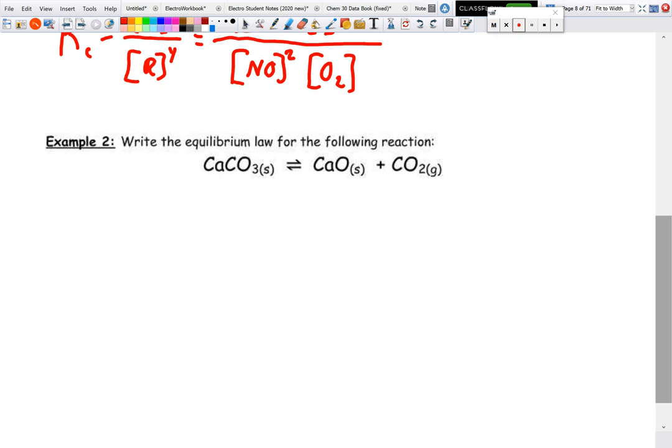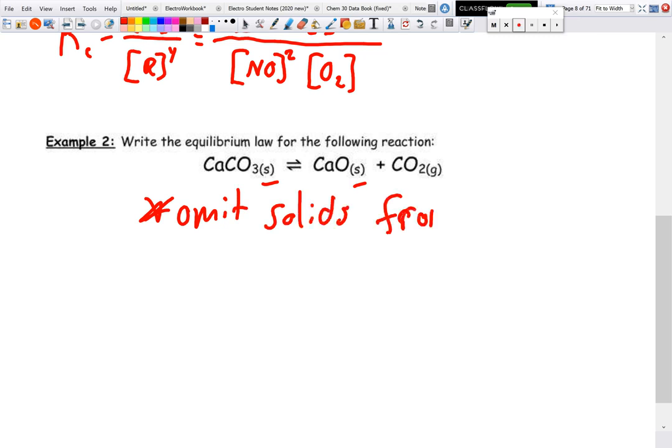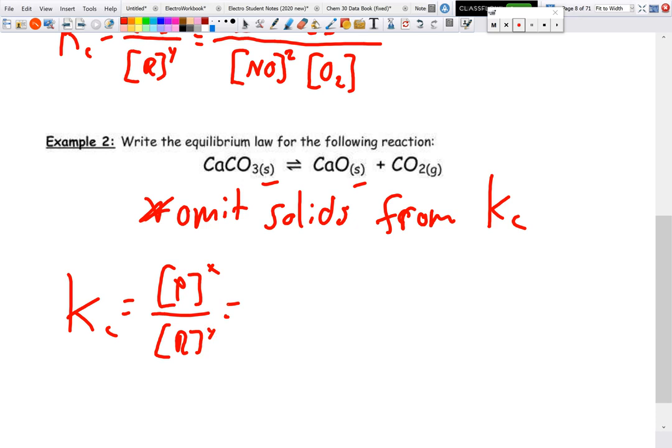Now right away, we see solid and solid. So we omit solids from our equilibrium constant. That means if we have our equilibrium constant equal to products over reactants, our solid product we omit altogether, so we're just left with CO2.